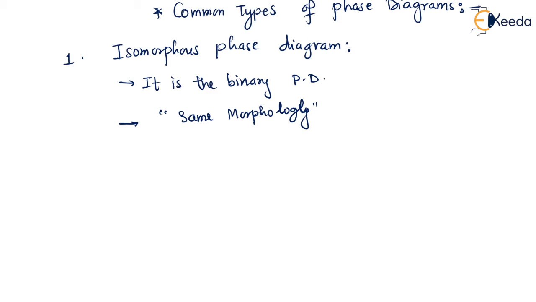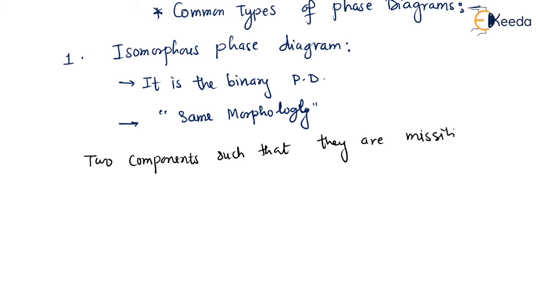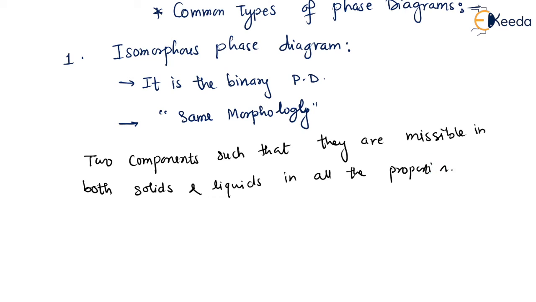And here, if you want to define it in this phase diagram, isomorphous actually means that the two components are miscible in both the solids and liquids, in all the proportions. So this is called the isomorphous.